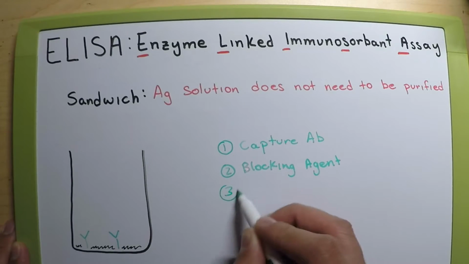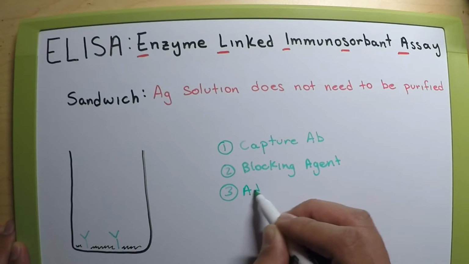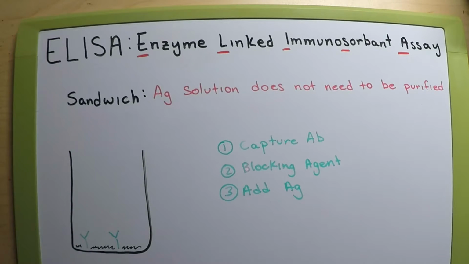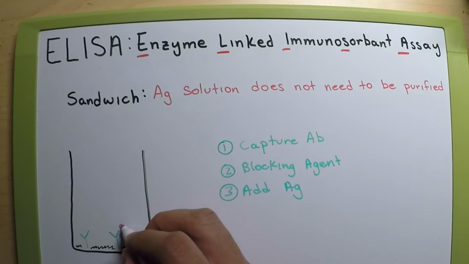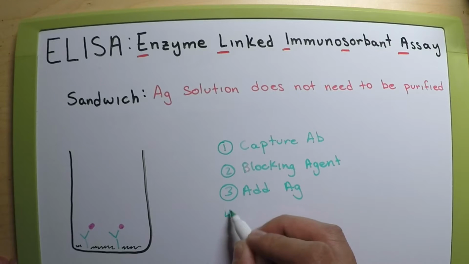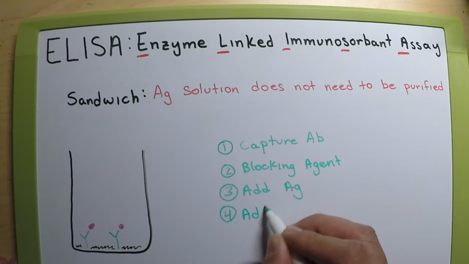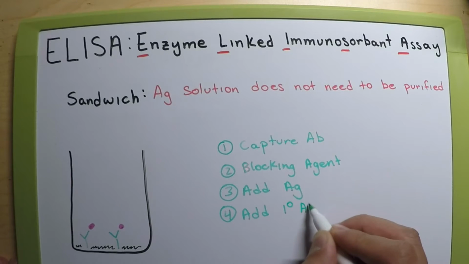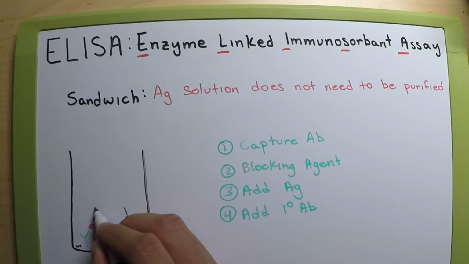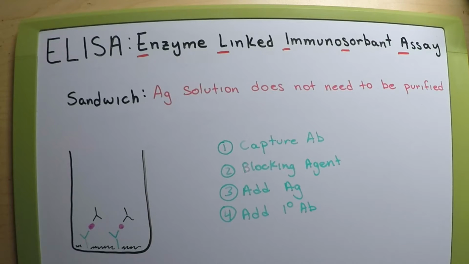Step 3 is actually the addition of the antigen. So we're still going to go ahead and use our pink antigen. Step 4 is adding the primary antibody, which in turn also has the substrate on it.